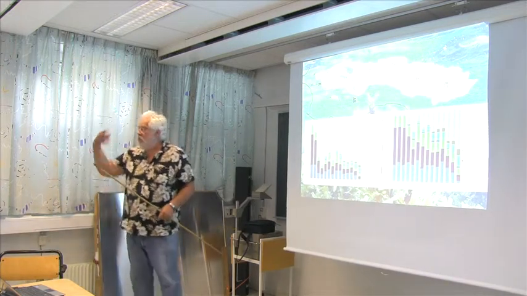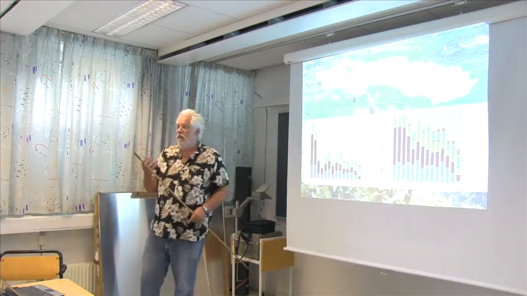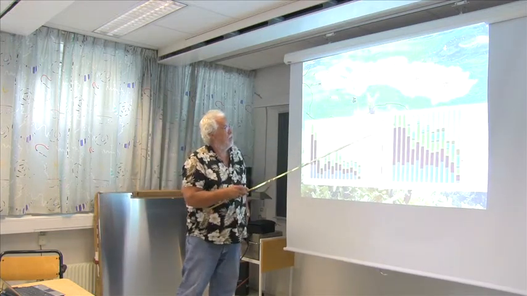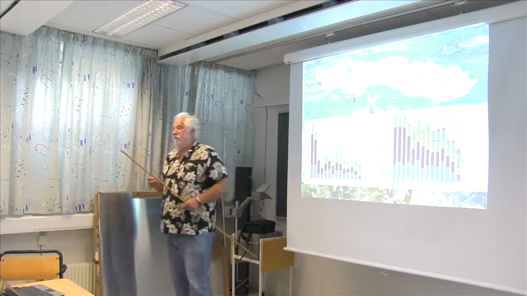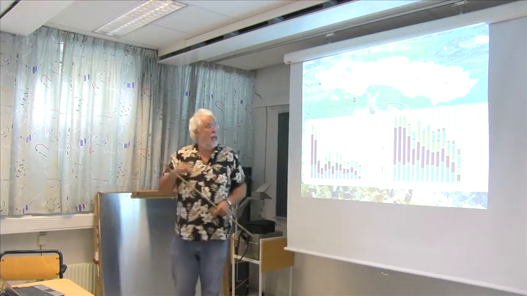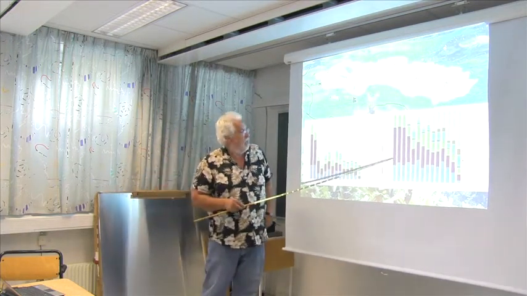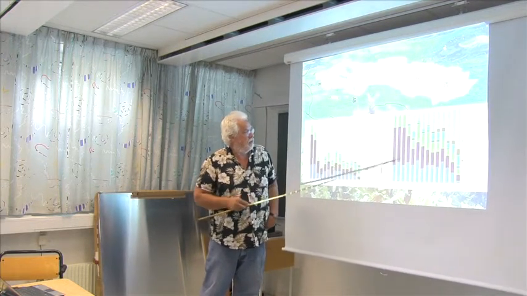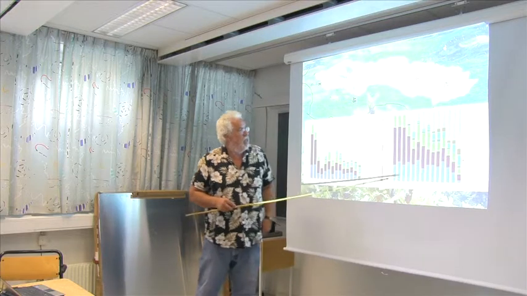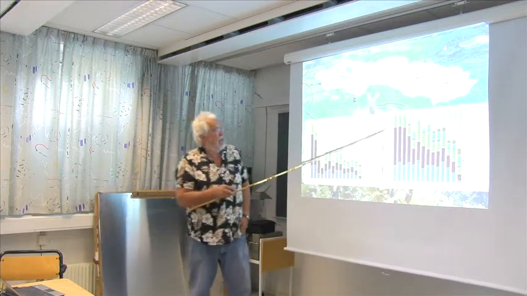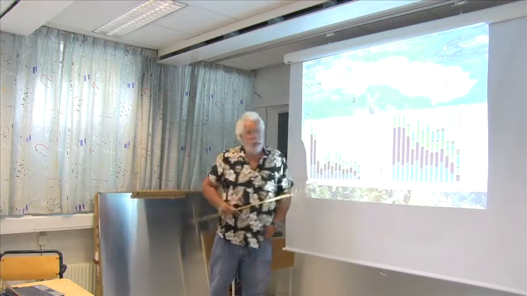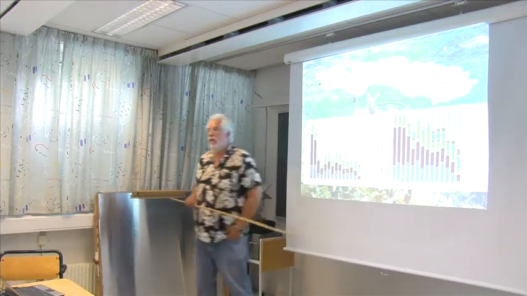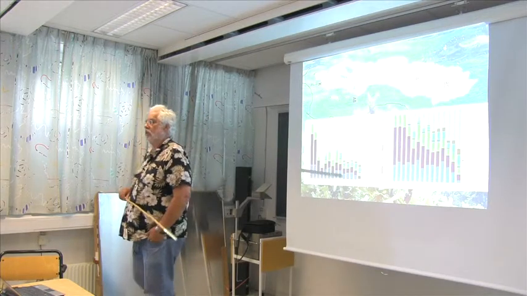However, the composition changes dramatically. On the Swedish west coast and the south coast here, we mainly have algae. We have the red algae, the green algae, and the brown algae. And what happens when we go further into the Baltic Sea is that the proportion of higher plants increases.